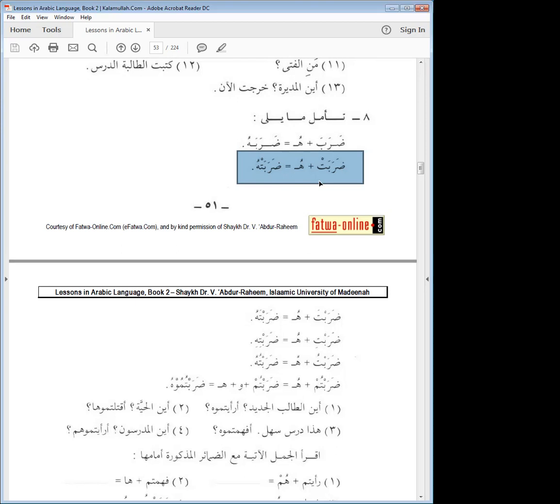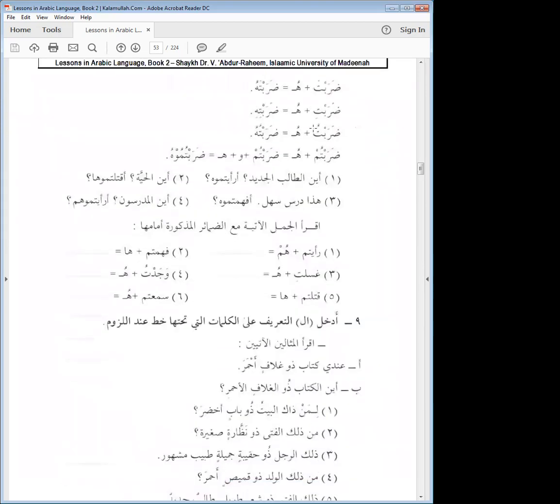Next page, page 52 at the top, we have here, again, daraba, which means to hit, and then you have the attached pronouns that represent now the fa'il or the doer of the verb. So in this case, it is not understood or hidden, but rather it is clear. So this is a clear attached pronoun which represents the doer of the verb, right?